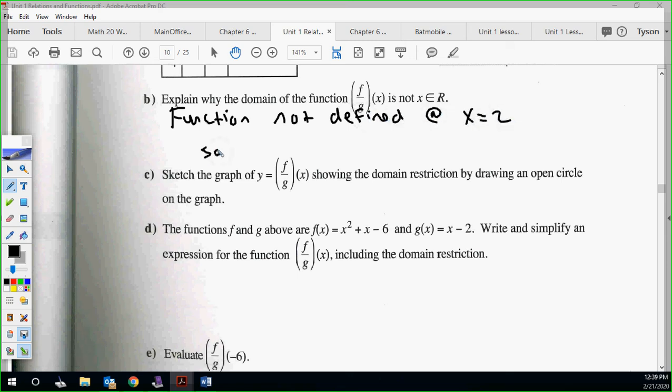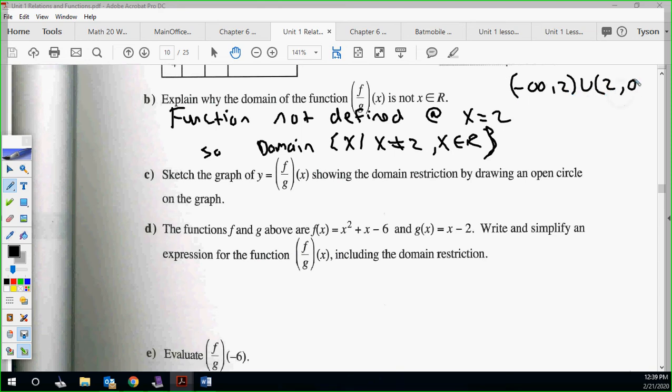So we would write domain: x can't be 2, x in the reals. The other way, it's a little bit messier for interval. For interval, you have to go negative infinity to 2, not included, to infinity. So it's like you're doing everything but 2 is included. Yep, that's interval notation. Good question.